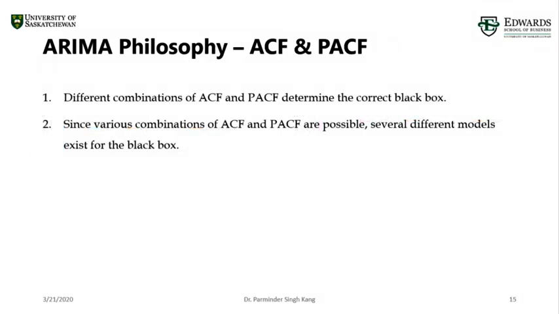The autocorrelation and the partial autocorrelation plots will allow us to determine the right ARIMA model. So one thing you must keep in mind when you're looking at these plots: the ACF, or the autocorrelation plot, will be used to determine the MA component, or the moving average, and the partial autocorrelation will be used to determine the autoregressive component, or the AR component.